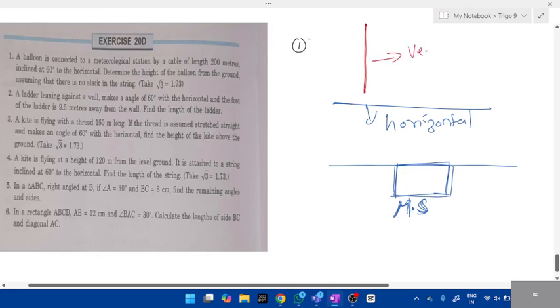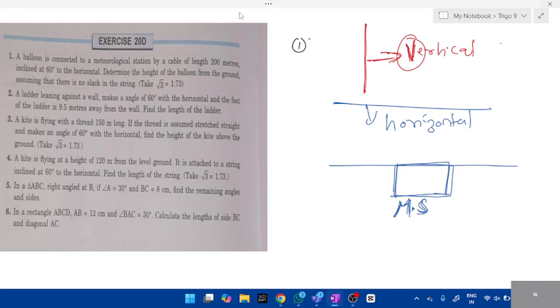Vertical. See, it is very easy to remember. Look at the letter V. The alphabet V is in which shape, students? Vertical or horizontal? Yeah, vertical. So a straight line we call vertical. A flat line is known as horizontal.